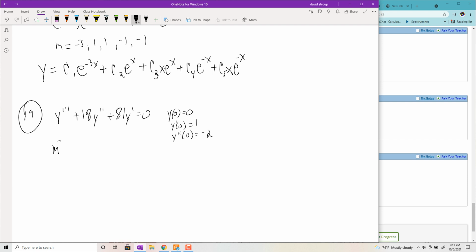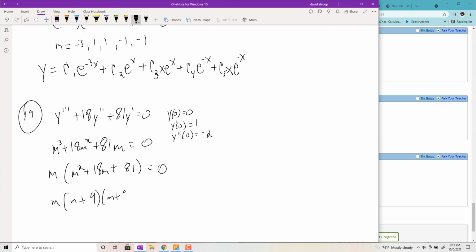Anyways, auxiliary equation: m cubed plus 18m squared plus 81m is 0. M can be factored, so you got m squared plus 18m plus 81 is 0. And that looks like a perfect square trinomial, m plus 9 times m plus 9.